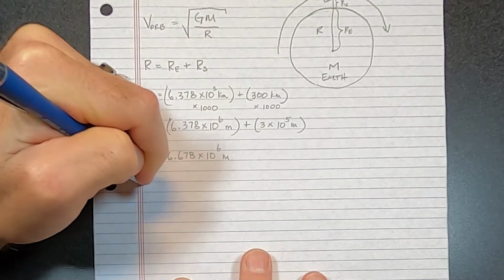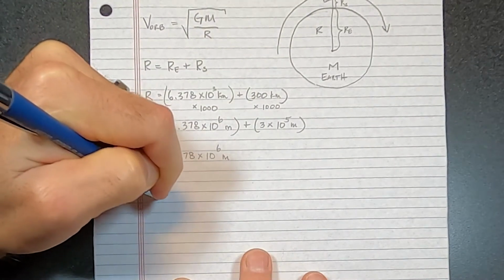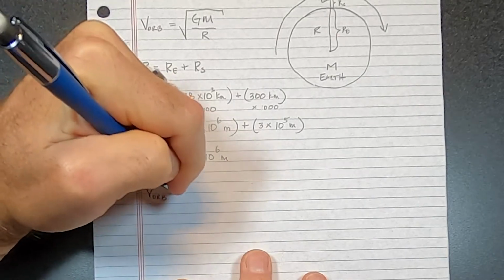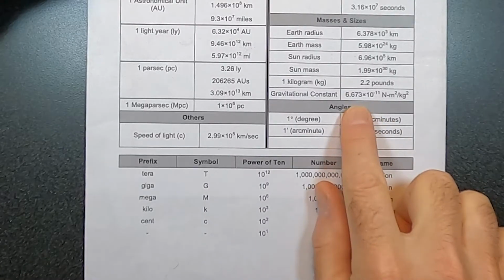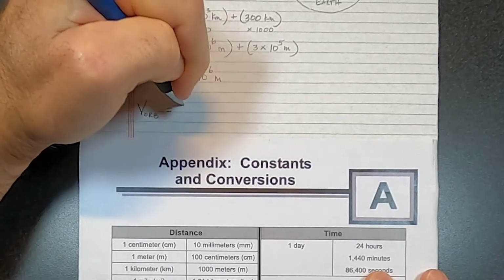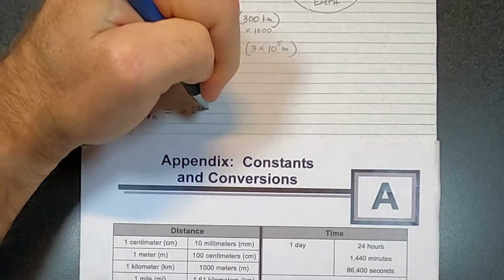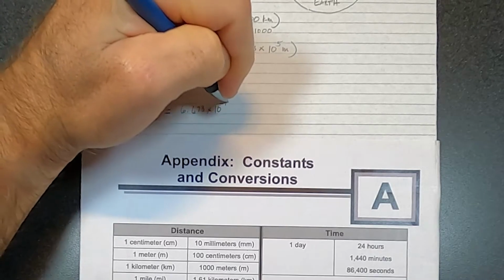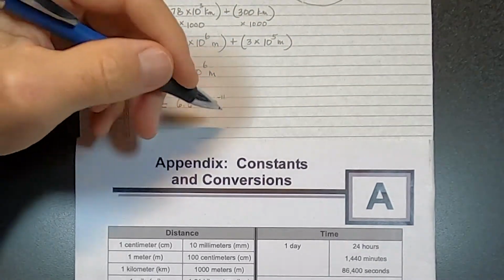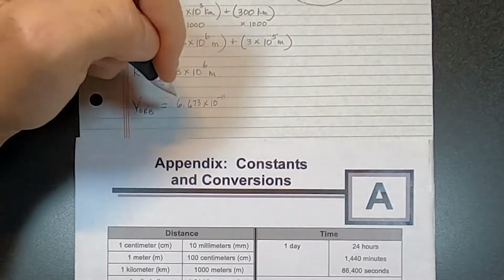So let's go ahead and rewrite the equation with some numbers in there. G is this number here, 6.673 times 10 to the minus 11. Don't forget it's minus 11. Don't worry about the units. I'm just going to leave them off.